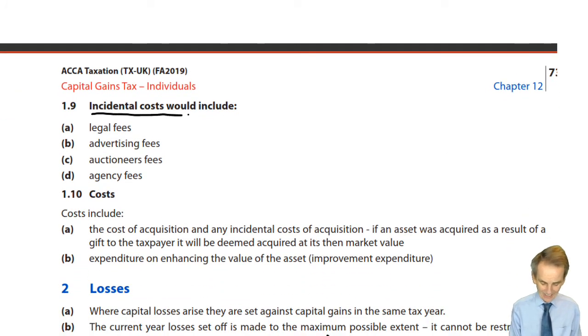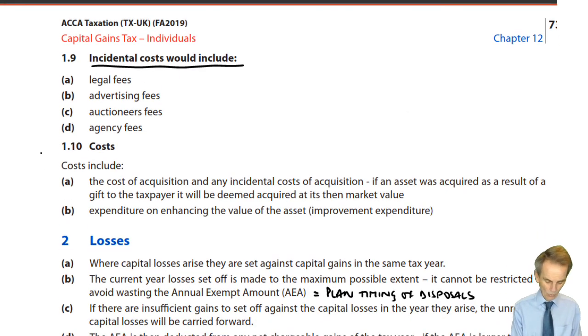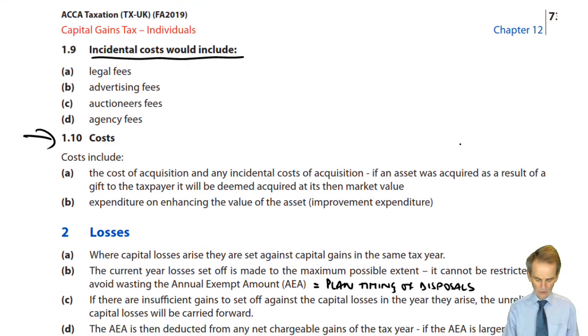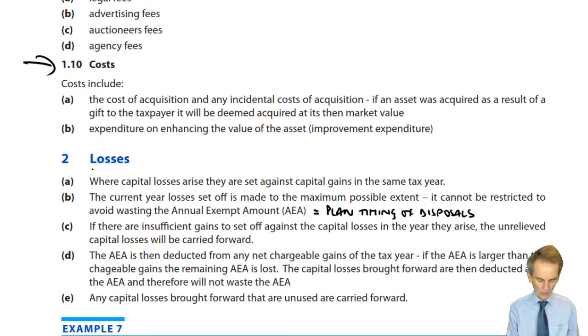Your incidental costs, your selling expenses, what examples do we have there? Your allowable costs, where do they come from? What do we include as an allowable cost? And where there are losses, are they current year losses? Are they brought forward losses? How and where do we use them?